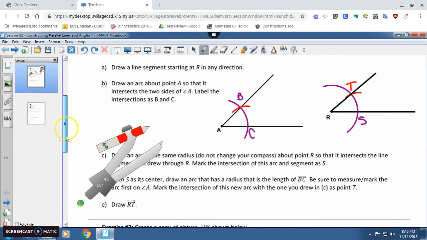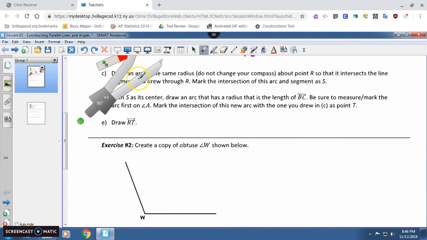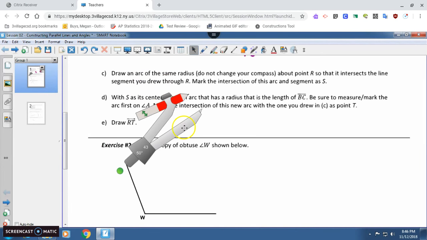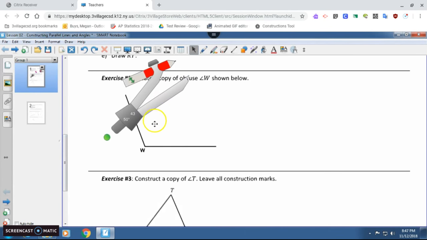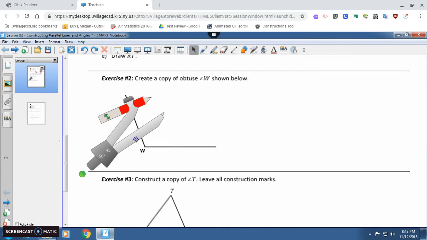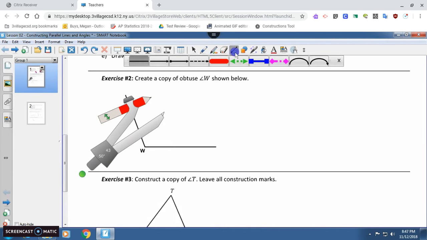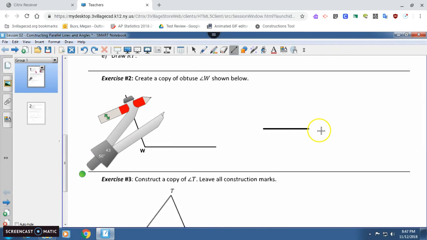We're going to do the same thing here for exercise 2, only this time we haven't been given any point, but we're just going to create a copy of the angle W that's shown. Notice it's an obtuse angle because we can tell that it's larger than 90 degrees. So to start this off, we just want to draw in any line or ray anywhere on our page.